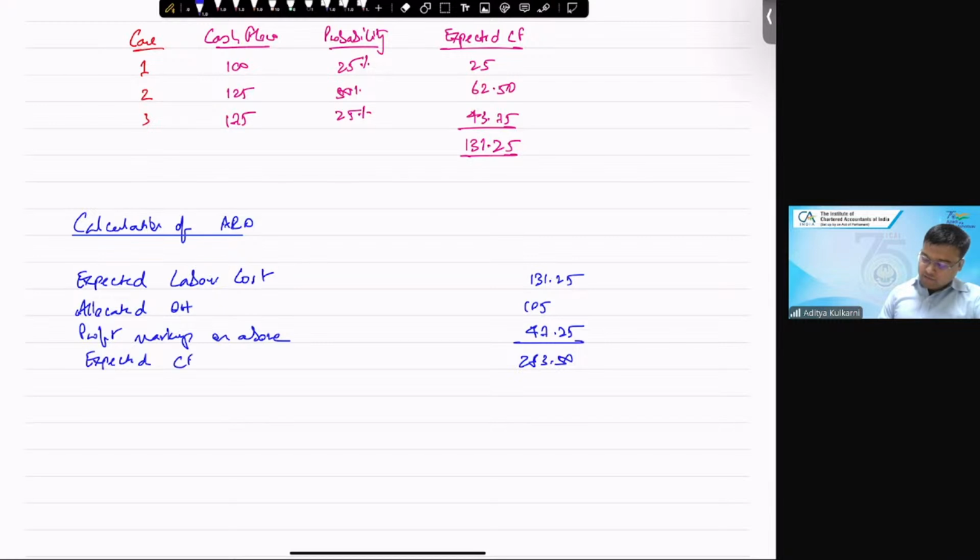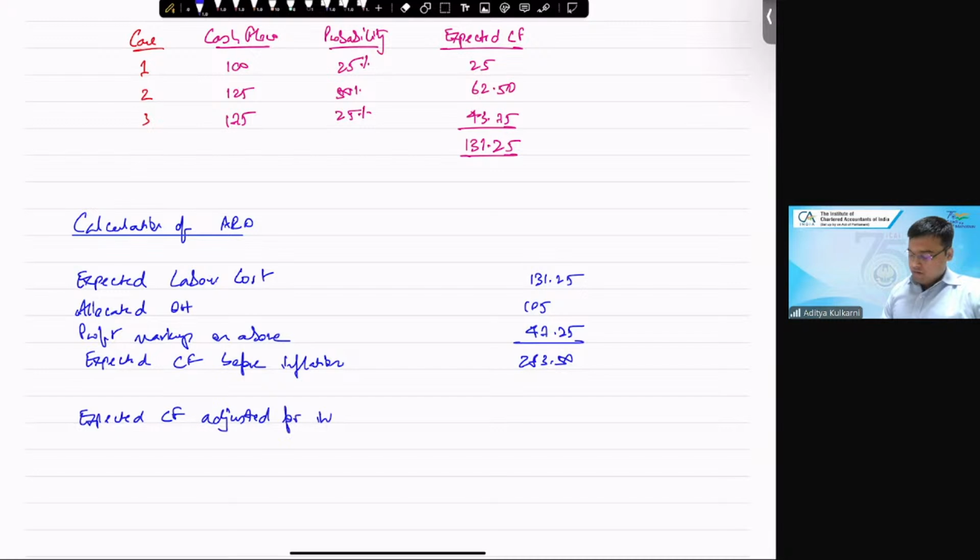What is this? Expected cash flows before or after inflation? Before inflation. Now, expected cash flows adjusted for inflation.